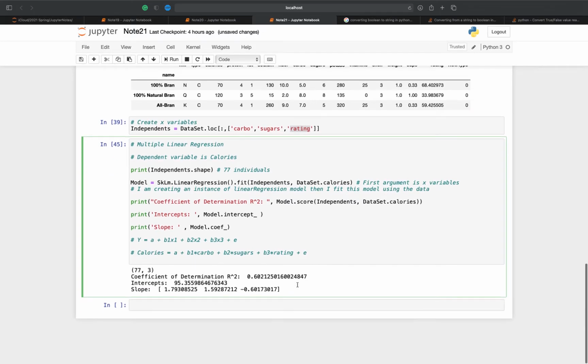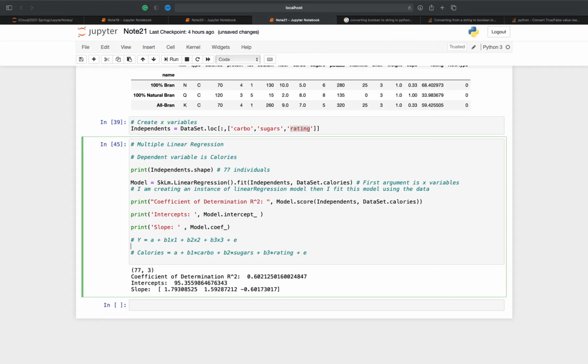Especially rating was so easy to understand. It says the slope between rating and calorie is negative, meaning as rating increases, the amount of calorie decreases. And this one says as sugar increases, calorie increases. As carb increases, the calorie increases. Okay, so this is the way we explain it, right?